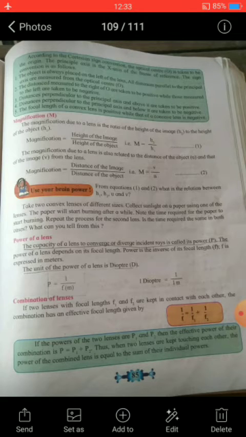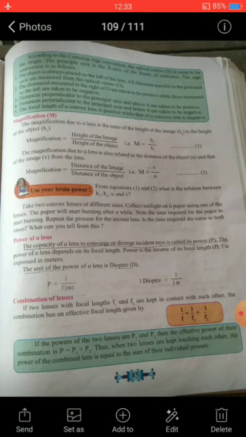Next point is combination of lenses. If two lenses with focal lengths f1 and f2 are kept in contact with each other, the combination has an effective focal length given by 1 upon f is equal to 1 upon f1 plus 1 upon f2. Here f is the focal length of the combined lens, where f1 is the focal length of the first lens and f2 is the focal length of the second lens.